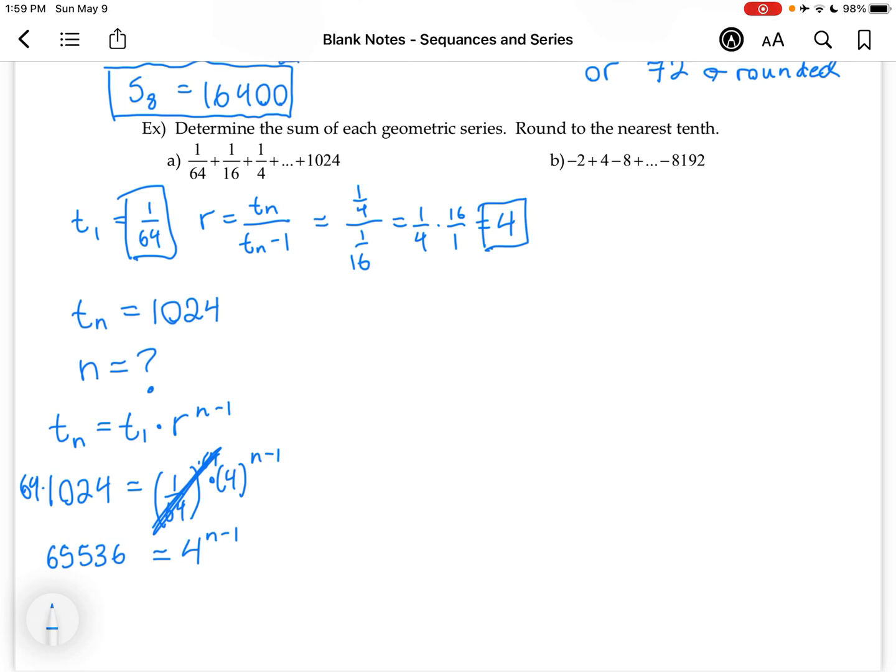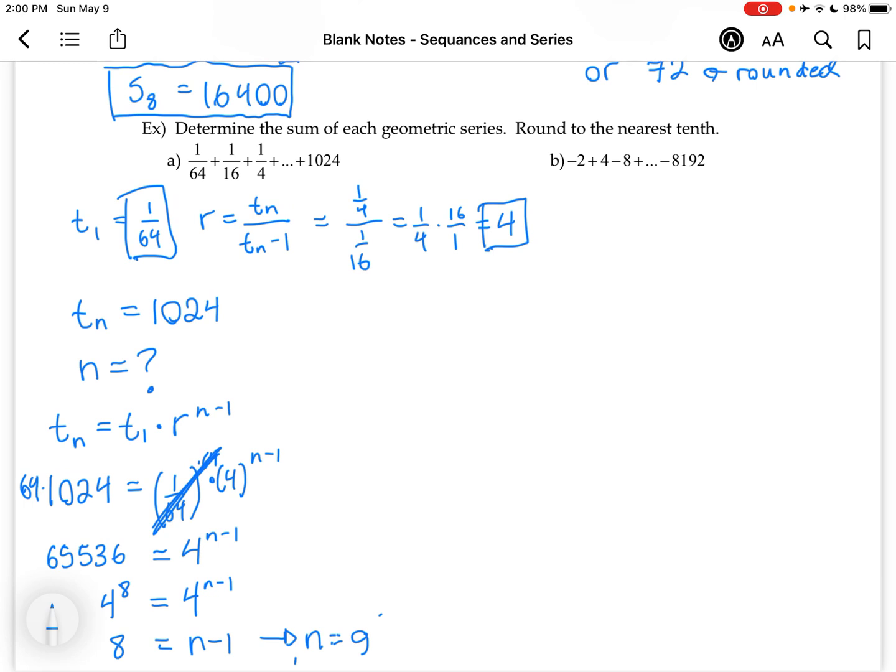That's too low. So I'm going to keep going. 4 to the power 8. 4 to the power 8 happens to be 65,536. And I'm just doing this on a calculator. So I can replace it with that. Right? Now, I can conclude that 8 has to equal n minus 1, which means n equals 9.